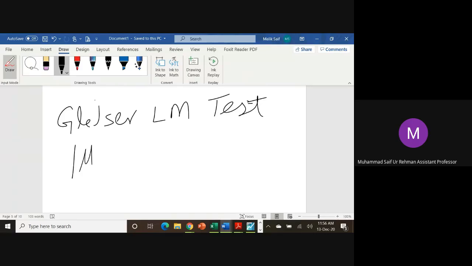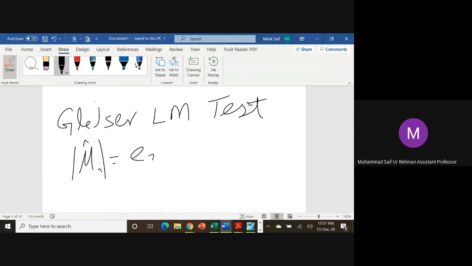So mu i hat means basically this is the value of e. Mu i hat is equal to e, or you can also write it as e_i that we found in Excel.